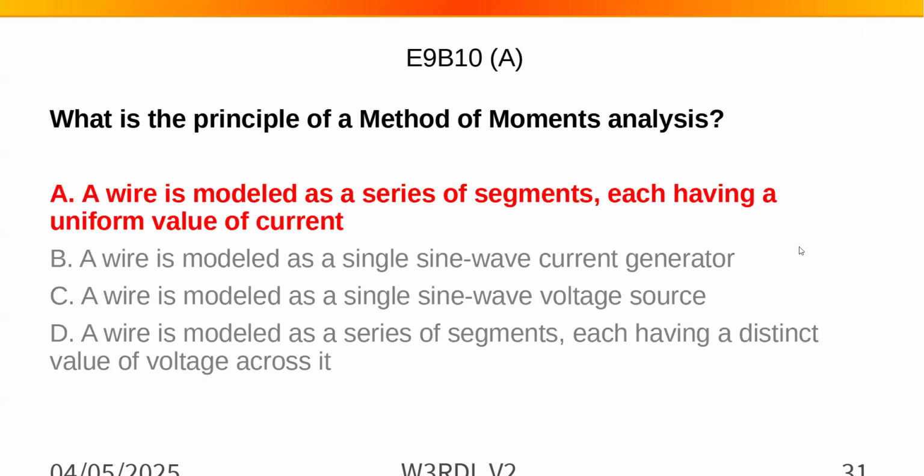Let's try alpha. Then this is all about current. I was getting around to it. They figure a uniform current per segment.